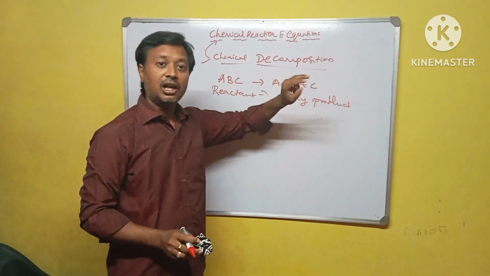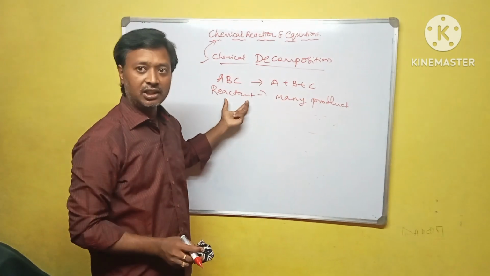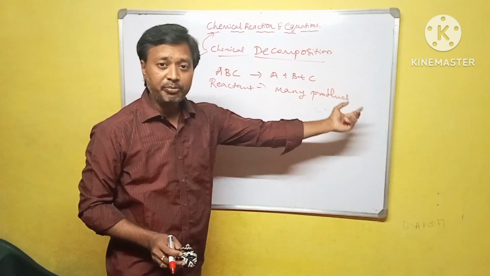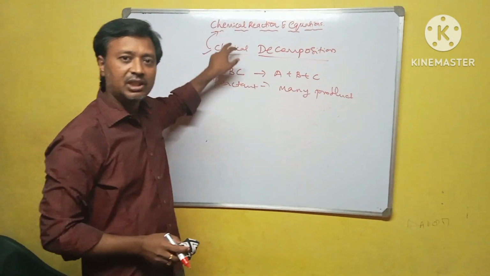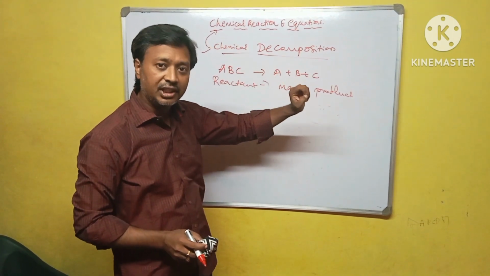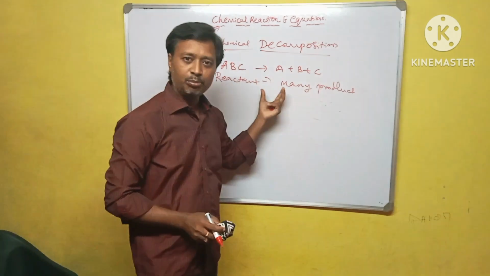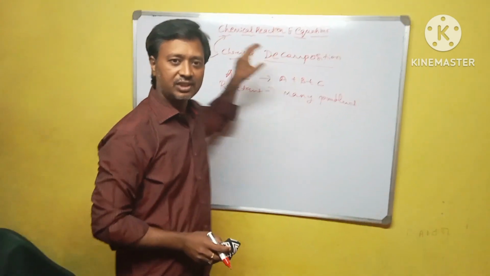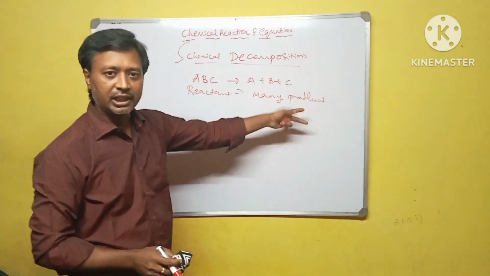Decomposition is opposite to the chemical combination reaction because a single reactant decomposes into many products. Then what is the definition? It is a type of chemical reaction in which a single reactant decomposes into many products.